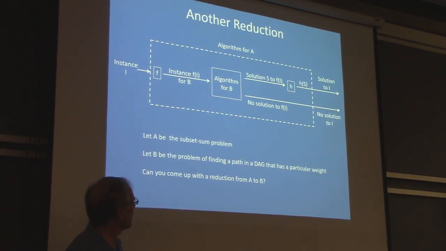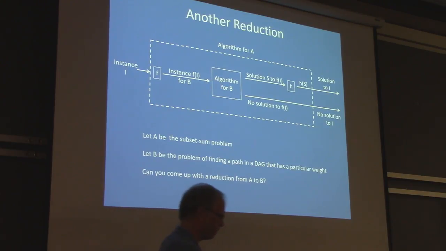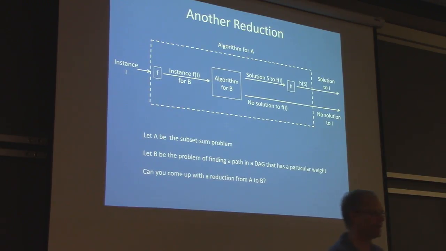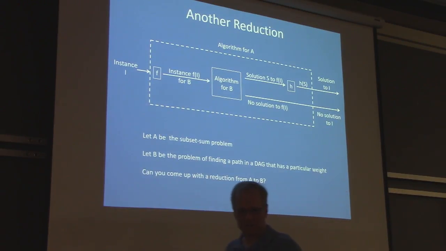Suppose we want an algorithm for that, but all we had lying around was this weird problem: finding a path in a DAG that has a particular weight. So what we have is an algorithm for this DAG problem. Given a weighted DAG, find some path in that DAG that adds up to a goal. But what we want to solve is the subset sum problem.